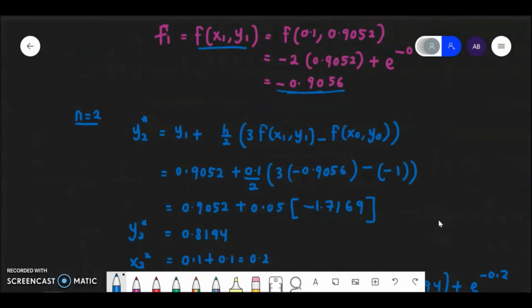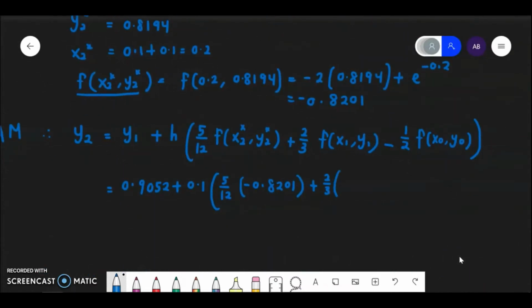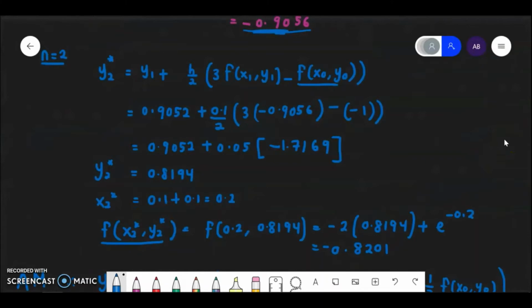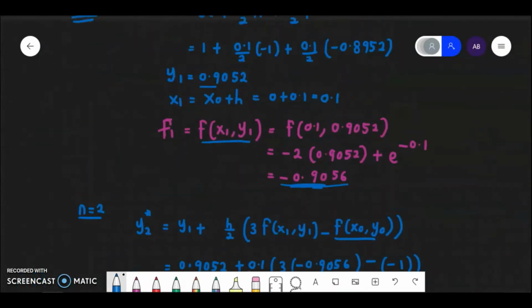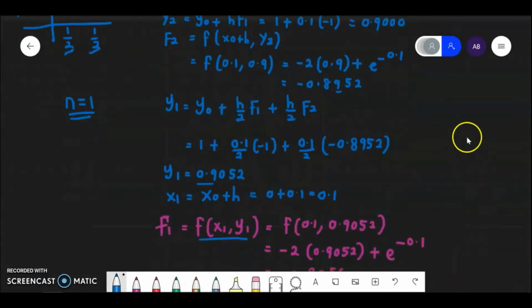There you go, this one, negative 0.9056, minus 1 over 12 times f of x naught, y naught, which I've also obtained earlier, negative 1.